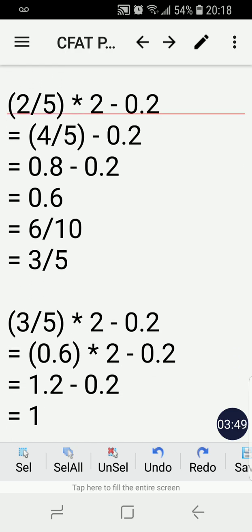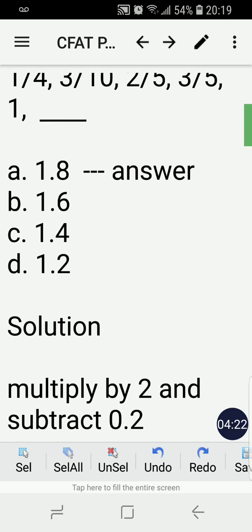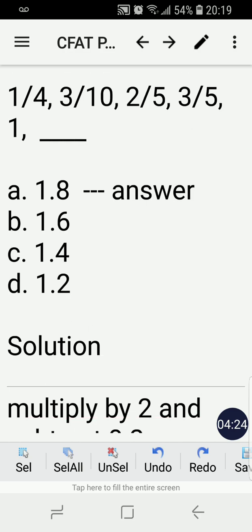We multiply 2/5 by 2 and subtract 0.2. 2/5 times 2 is equal to 4/5, minus 0.2. 4/5 is 0.8, minus 0.2 is equal to 0.6. 0.6 is 6 over 10 in fraction form, and then we reduce the fraction 6/10 into its lowest form, we get 3/5. It's right there. And the next number in the sequence is 1.